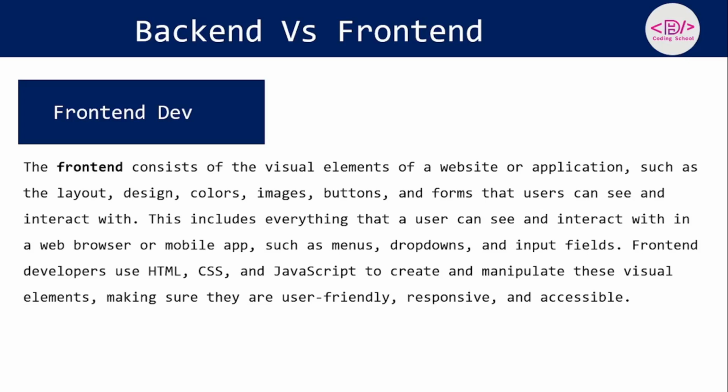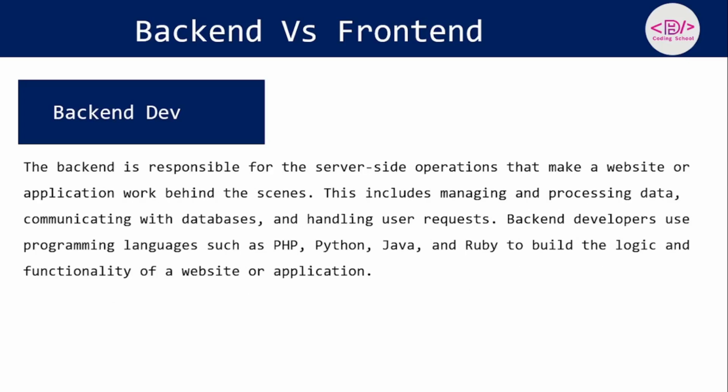So in brief, front end is that part of the website that users are looking at: the images, the buttons, the colors, and everything you look at. That is front end. And what is back end?